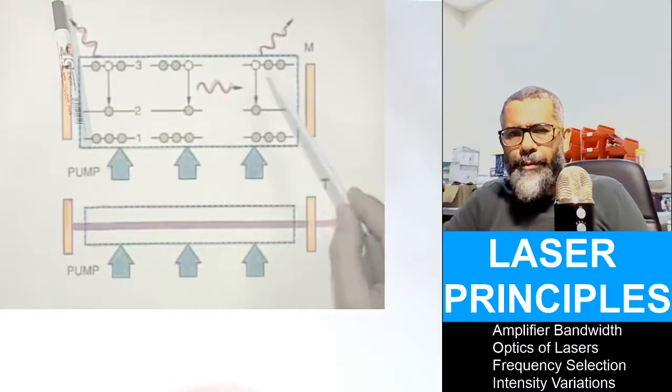After a very short period of time, one of the processes will dominate over the other process, and this is called stimulated emission. The stimulated emission process will dominate the spontaneous one after some short period of time, but initially the spontaneous process is dominant.